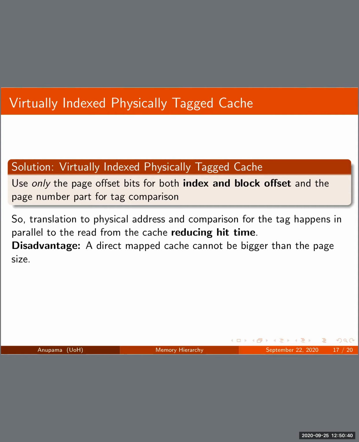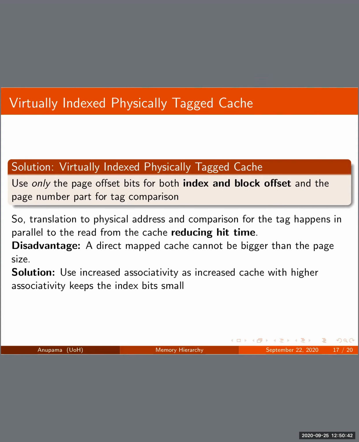What's the solution? The solution is that people use increased associativity at level 1. Why? Because by having increased associativity, without increasing the number of index bits, you can increase the number of blocks in your cache. Okay. So that is the solution.